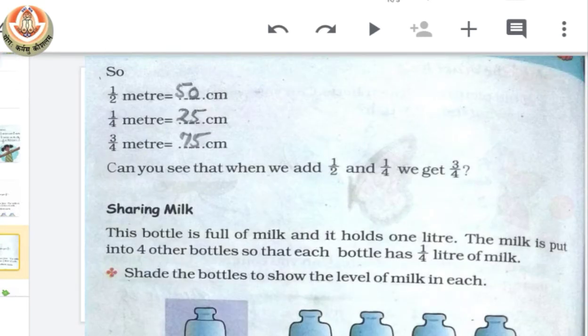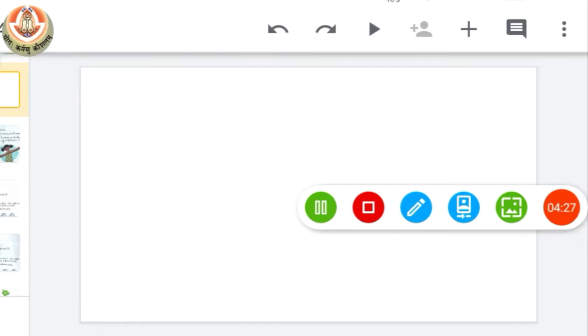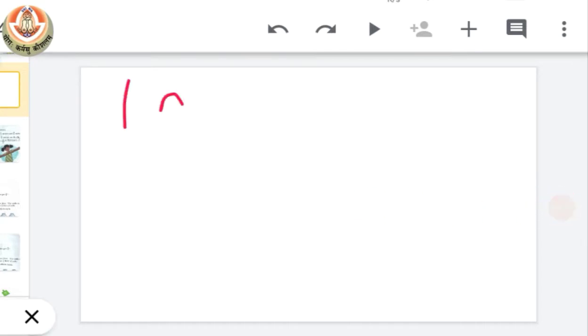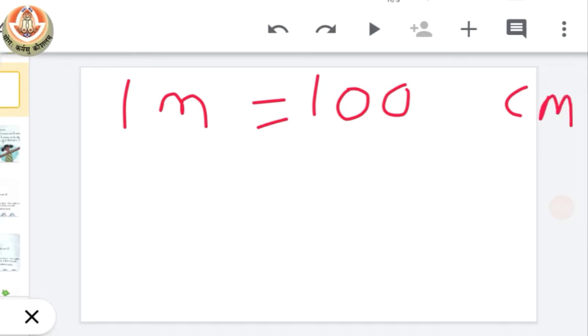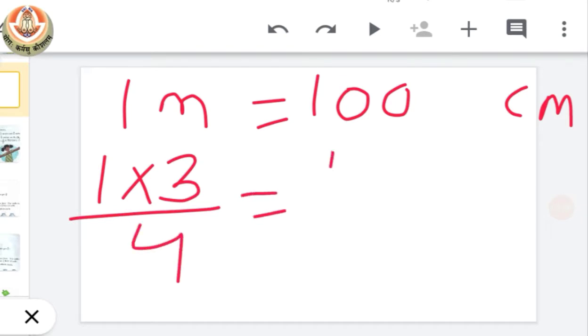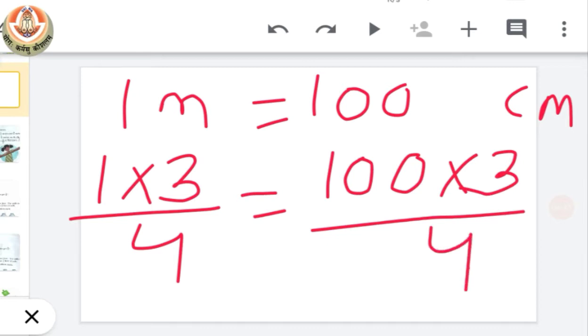Similarly, for 3/4 meter, look here. 1 meter equals 100 centimeters. Okay, to make it 3/4, we have to multiply it by 3 and divide it by 4. Similarly, we will do here. Multiply it by 3 and divide it by 4.